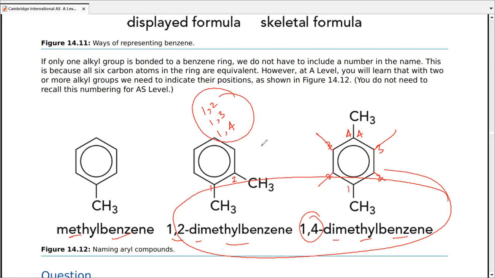However, if there are more than two, the possibilities increase and the numbering goes all the way to 1, 2, 3, 4, 5, 6. So there can be three methyl groups, there can be four, and numbering would be done accordingly. This is how far we go for the aryl group benzene and its naming. We do not explain anything on top of this. Okay.